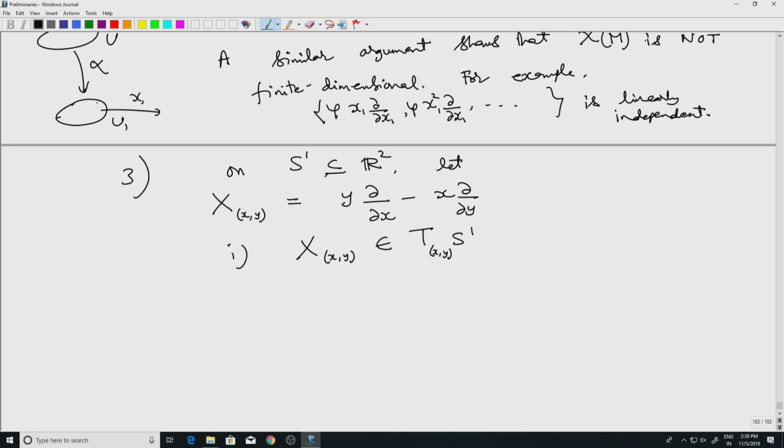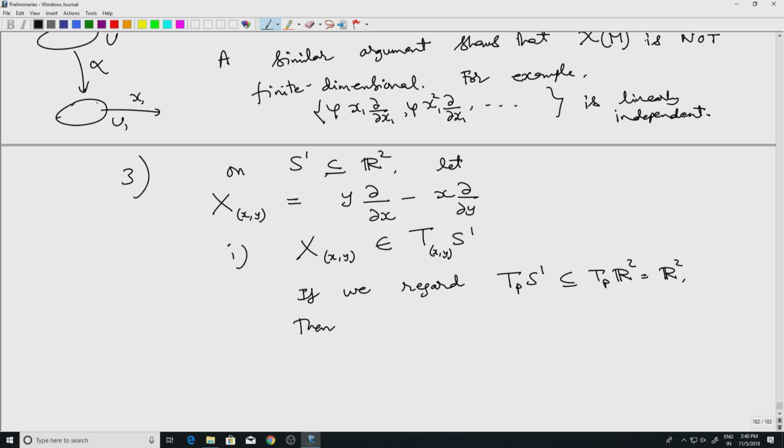Now we have seen that if we regard TP_S1 as a subspace of TP_R2, which we identify with R2, this will give rise to a subspace of R2 for every P in S1.